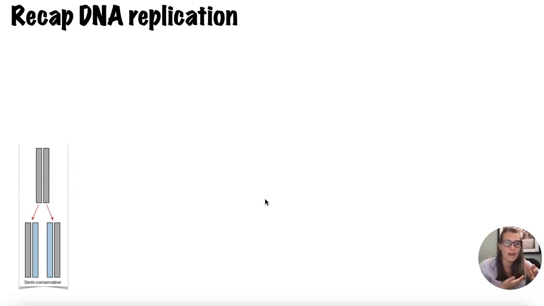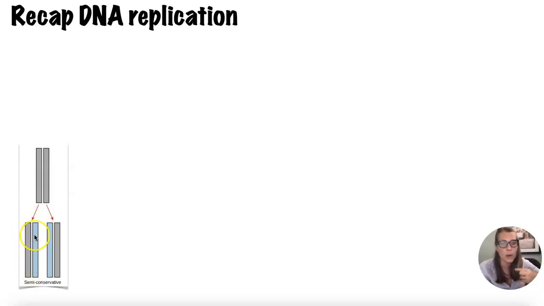And so last time we were seeing at the molecular level how DNA replication works. How does it happen? What we know is that the process is semi-conservative, which means that from your original molecule of DNA, you get two new molecules of DNA with one original strand and one brand new strand.